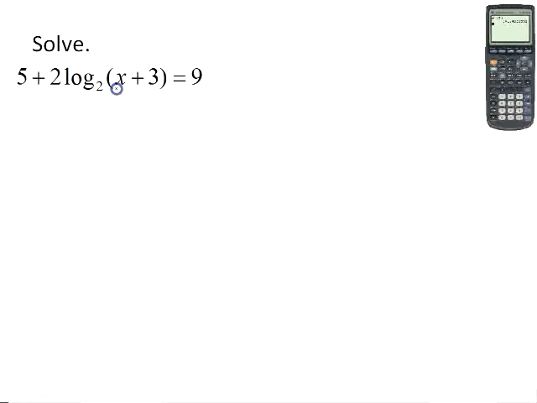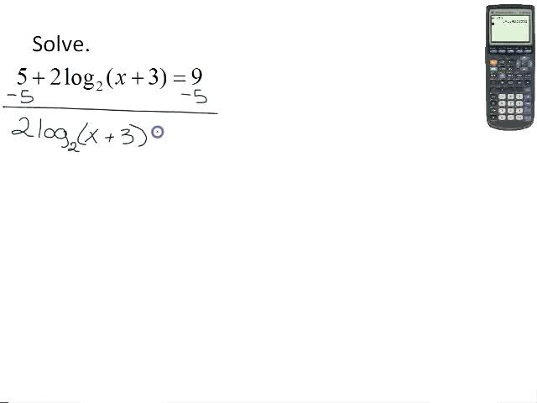Here, my first step needs to be to get my log part by itself. So I want to get rid of this 5. I'm going to subtract 5 from both sides of my equation. That's going to give me 2 times the log base 2 of x plus 3 equals 4.